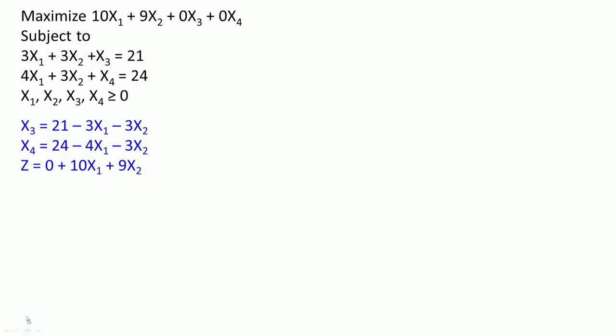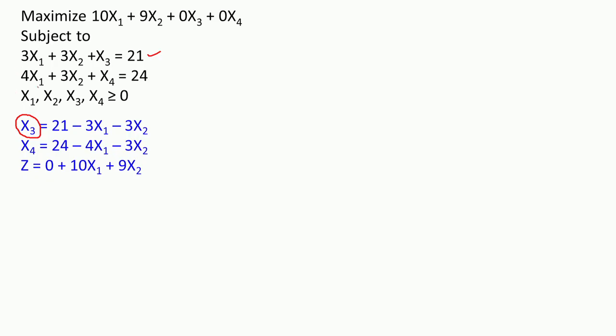The first equation is 3x1 plus 3x2 plus x3 equal to 21. Now, from this equation we are writing x3 is equal to 21 minus 3x1 minus 3x2. Now, x3 is your basic variable.